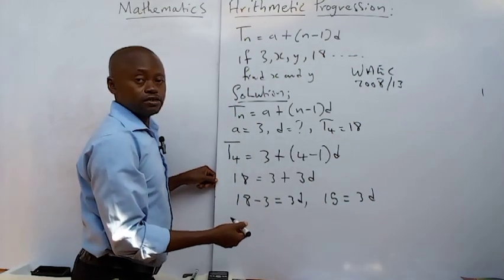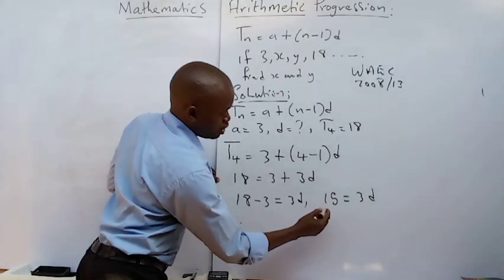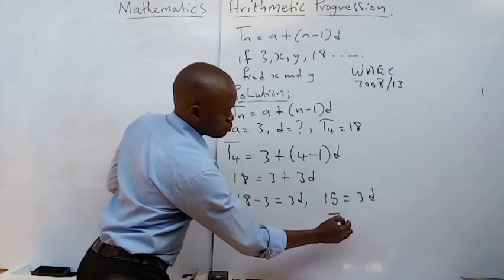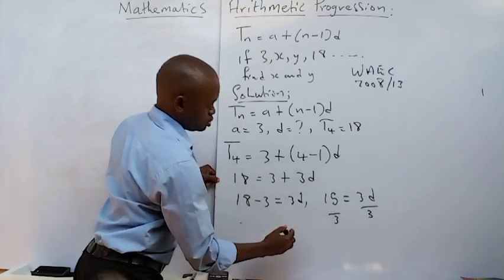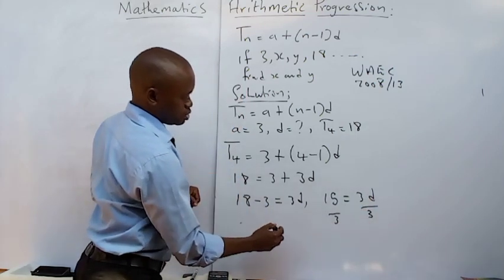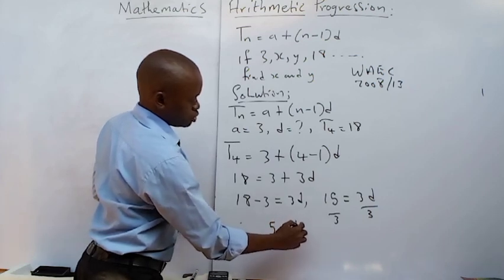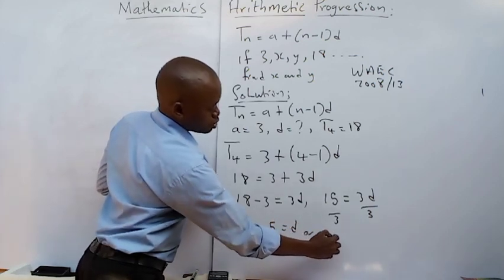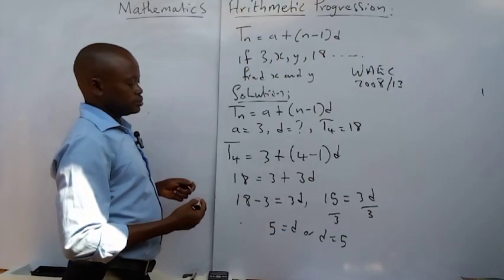Divide both sides by 3. We have 15 over 3 and 3d over 3. So 5 equals d, or d is equal to 5. Do we get that?